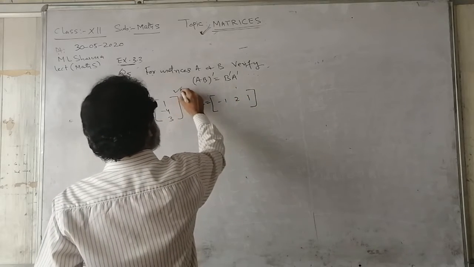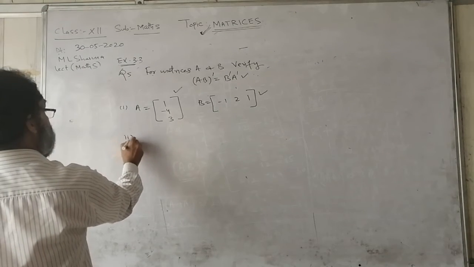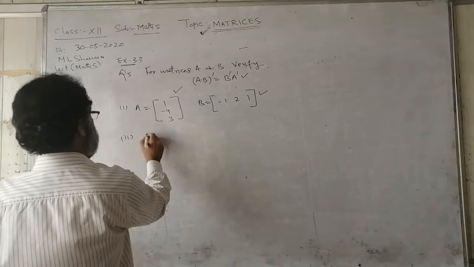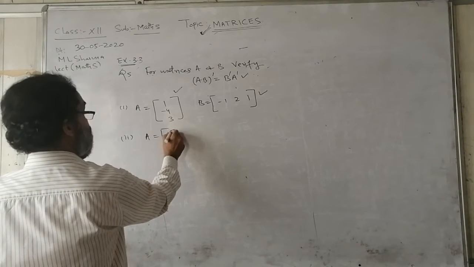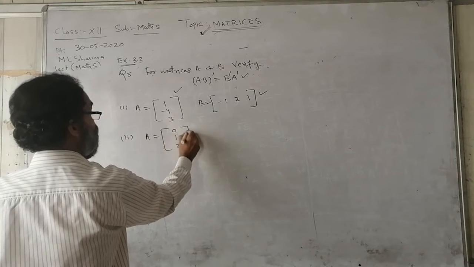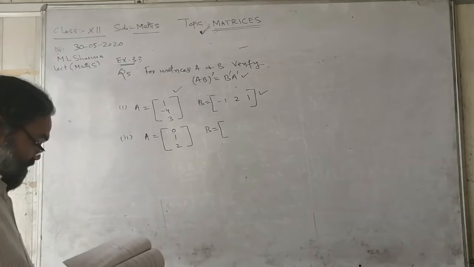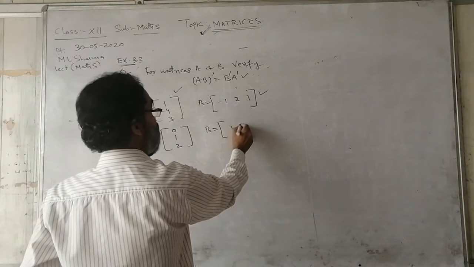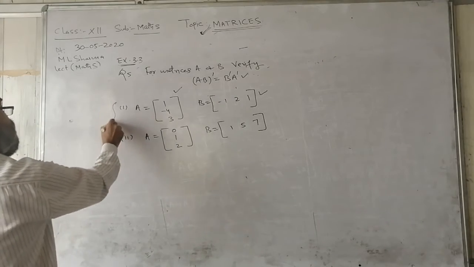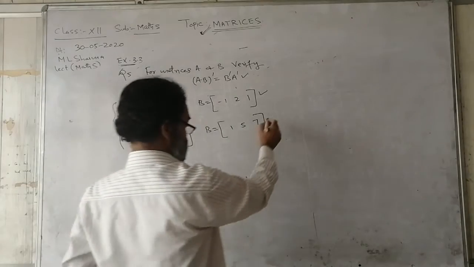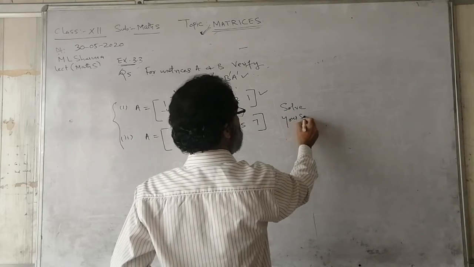So you have to verify this result. In another part, again the A matrix is given, the value is 0, 1, 2. The value of B matrix is given as 1, 5, 7. So these are the two questions. In the same manner you can solve.